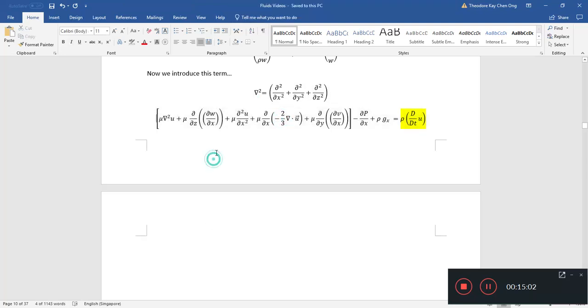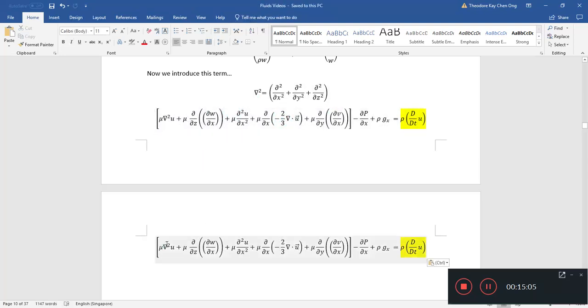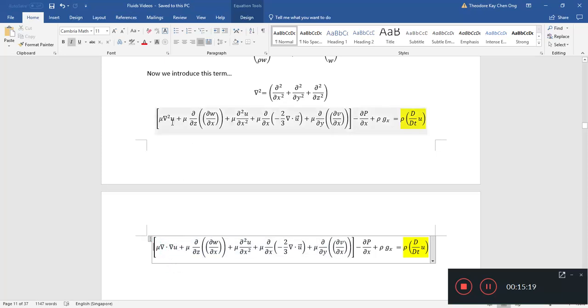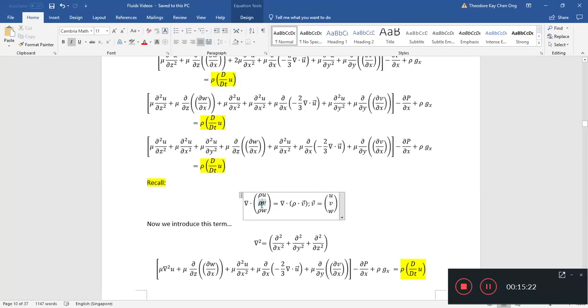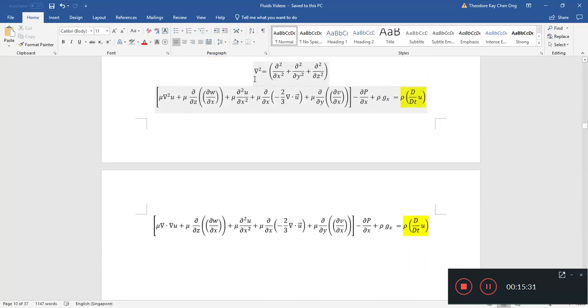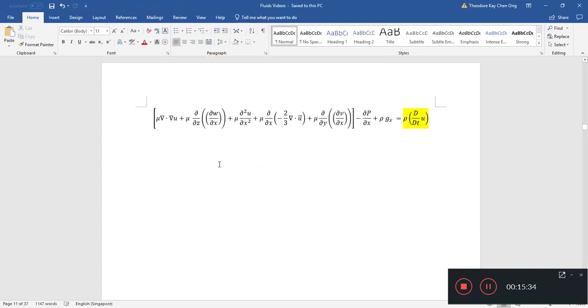Sometimes you might see people use this notation. It basically means the same thing. See, the divergence of the gradient is, okay, what's the divergence? Divergence is this, del dot. And what's the gradient? So let's write nabla square equals nabla dot nabla.